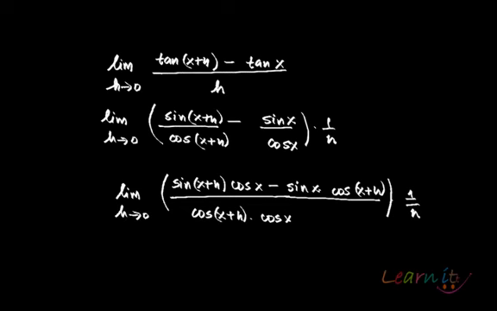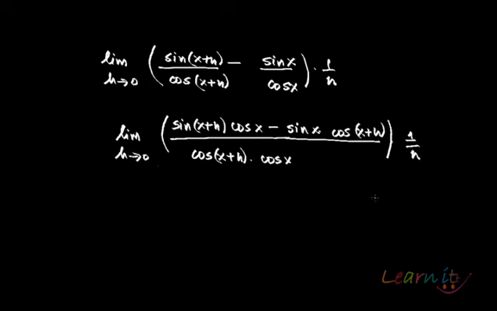Now, as you could see, this is the formula for sine of a minus b, which is sine a cos b minus cos a sine b. That is what the formula is. So here a is x plus h and x is b.